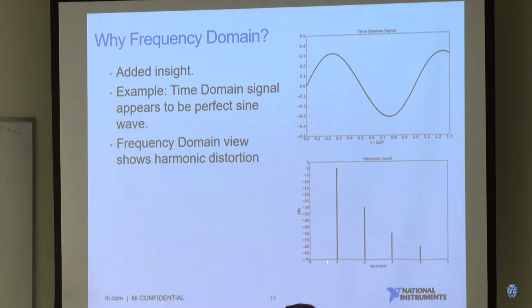However, most signals have harmonic products. So let's say you have a CW signal with a lot of harmonic distortion issues, you won't be able to see it in time domain. But when you use frequency domain, except for the main tone, you will see different harmonic signals. They can tell you how bad the harmonic distortion is and give you more insights.